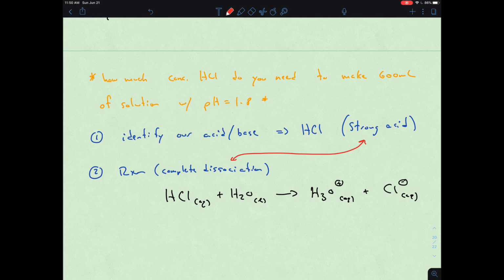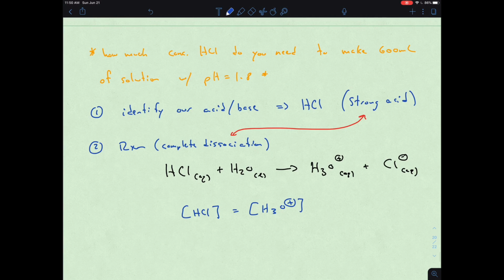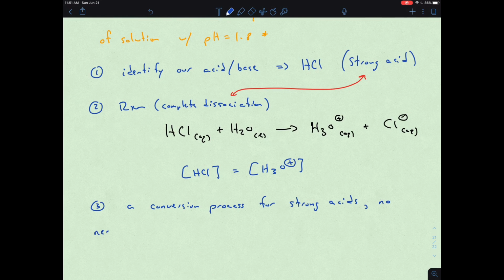And what that means is that our hydrochloric acid concentration is actually equal to our hydronium ion concentration. So in this case, for step 3, this is just a conversion process for strong acids. And as a result, there is no need for an ice table.